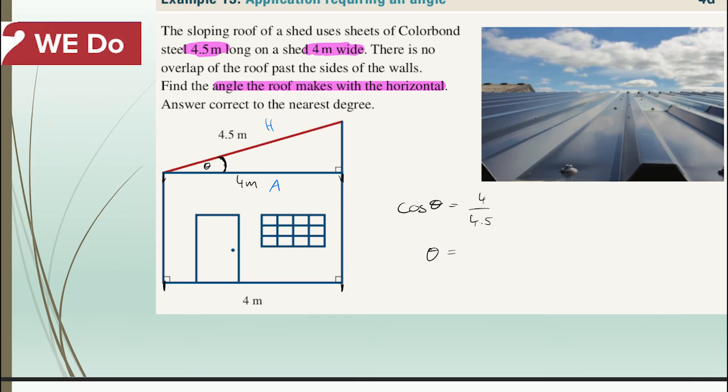And remember, when we're finding an angle, we use the inverse. You pop it in your calculator and you get 27.266. Oh, it says to round to the nearest degree, sorry, so that will be just 27 degrees.